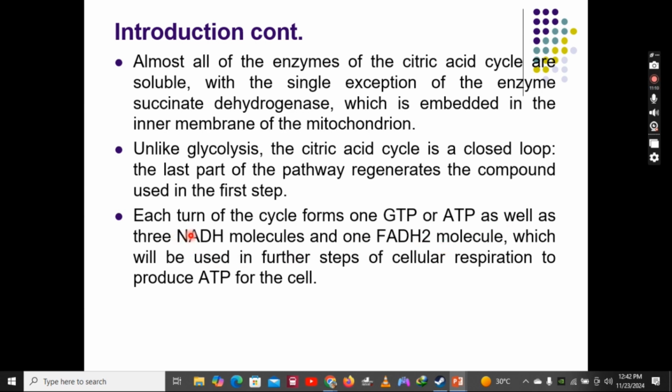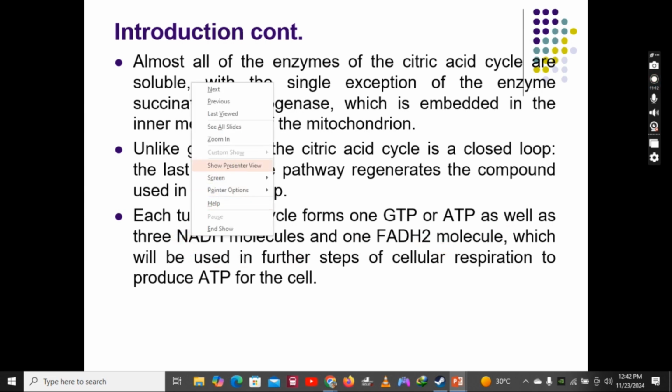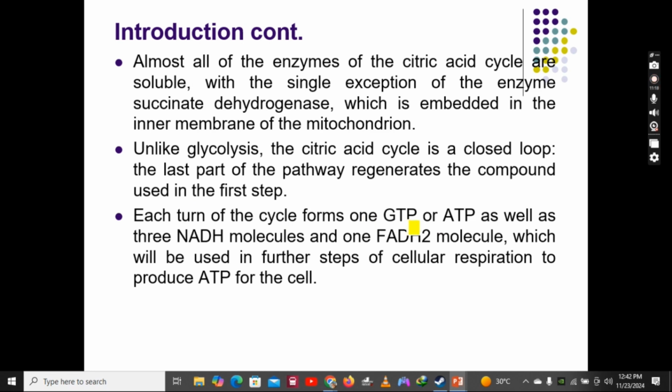These two, the NADH and the FADH2, are very crucial and very important molecules.